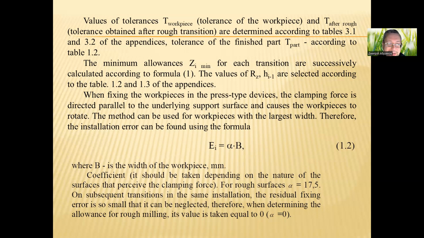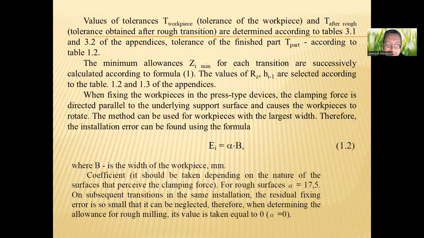When fixing the workpieces in press-type devices, the clamping force is directed parallel to the underlying support surface and causes the workpieces to rotate. The method can be used for workpieces with the largest width.